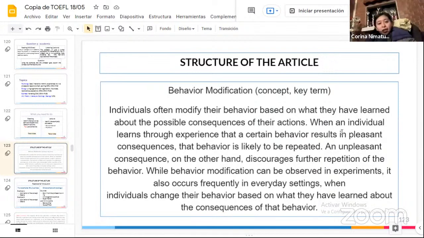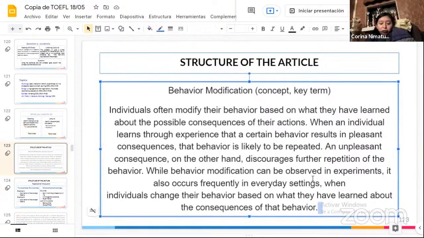I think the definition would be that behavior modification is when an individual changes its behavior based on the consequence he has learned about a behavior.